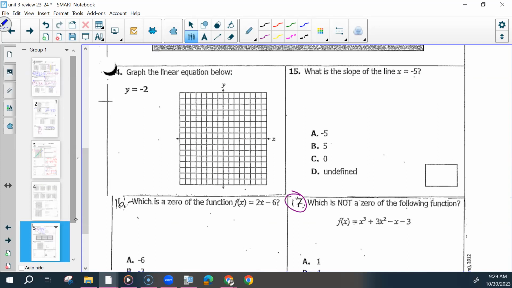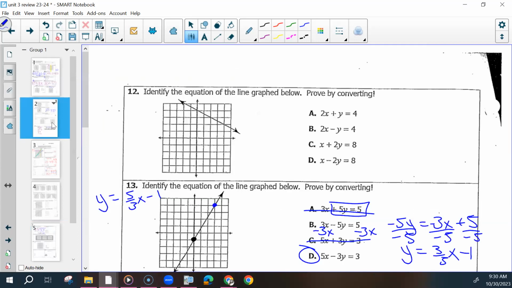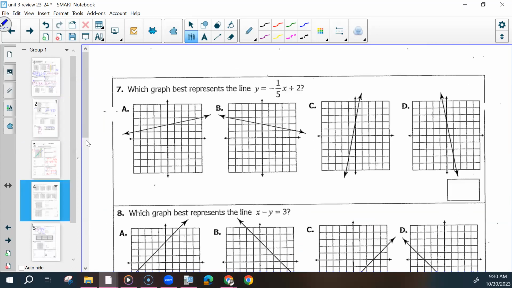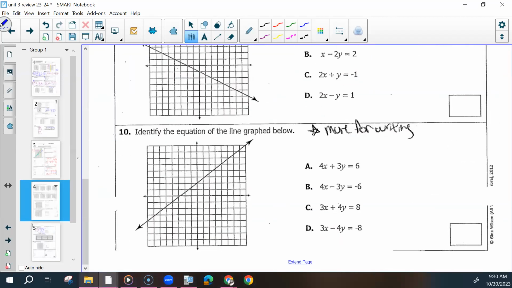Any question on that before we go on to our last agenda? We're just looking at the graph. You were talking about 10 on the last one. It's very much like the one we just did.